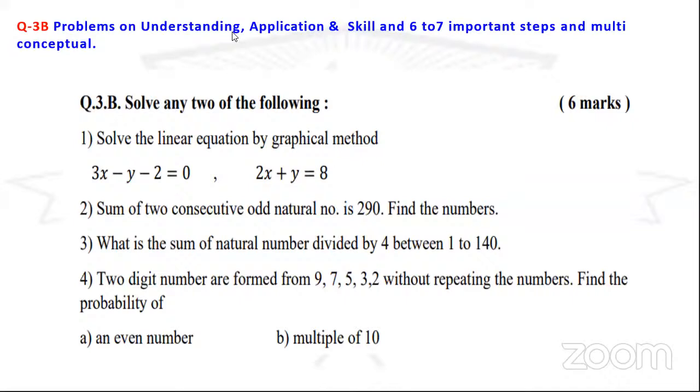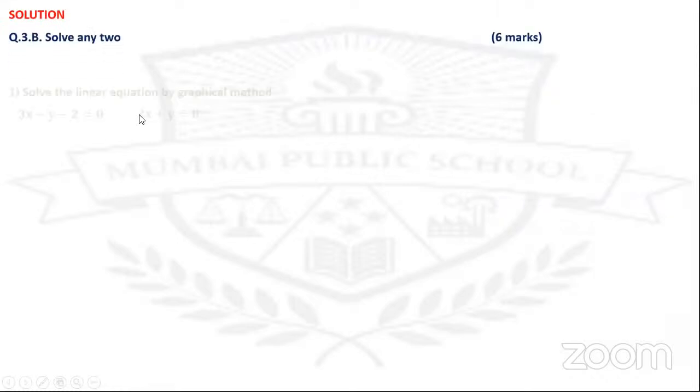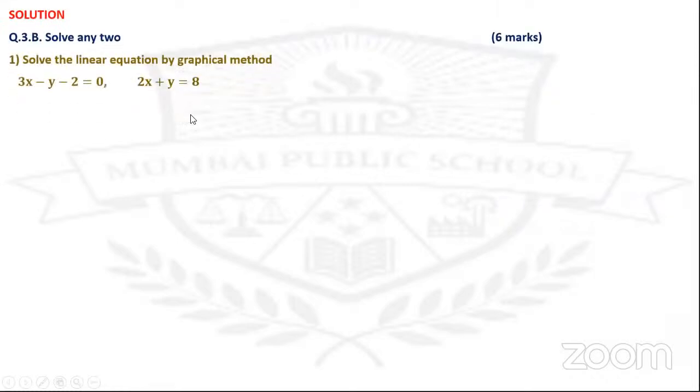Again, check. Here you have to solve any two of the following, 6 marks. Now check. Solve the linear equation by graphical method. Now this is very important. Graphical method is mentioned. Understand? So that means here you have to draw the graph.